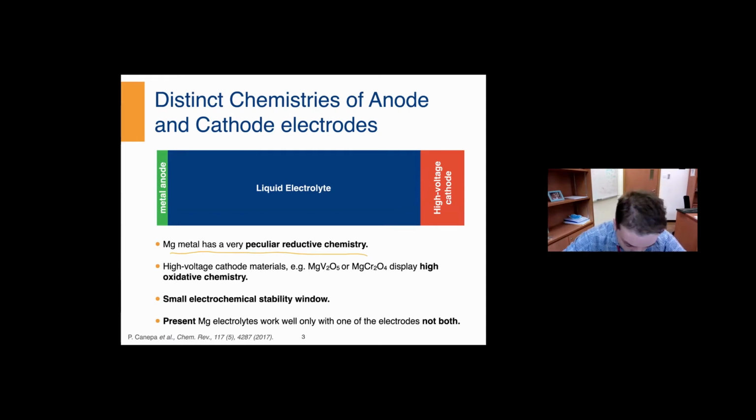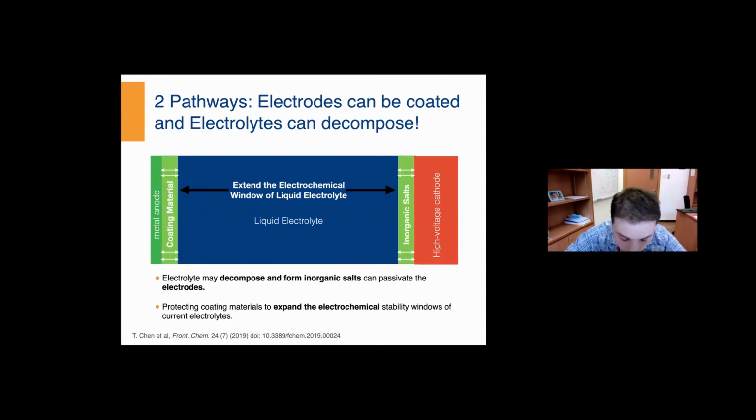So how do we go about solving this problem, or at least identifying a couple of pathways that could be helping us in solving these issues? Well, path number one, we can envision to coat electrode materials with a specific salt, and we will see how we do that.